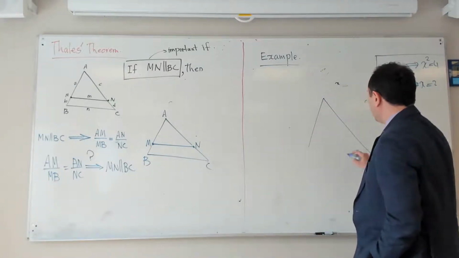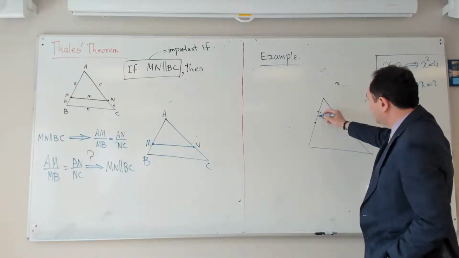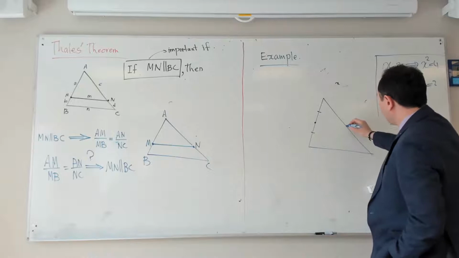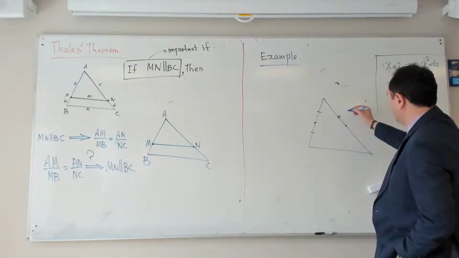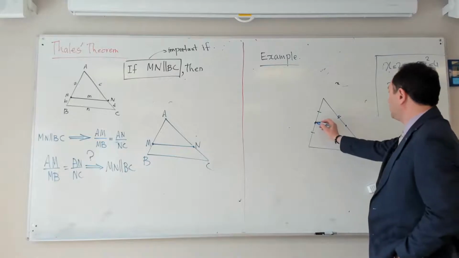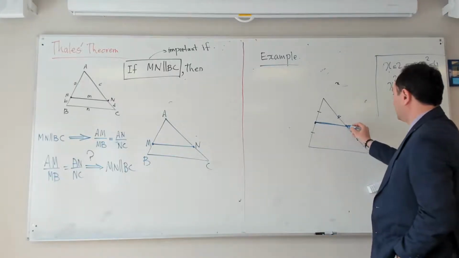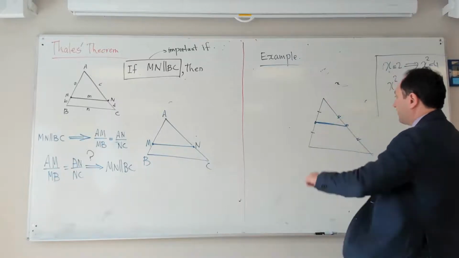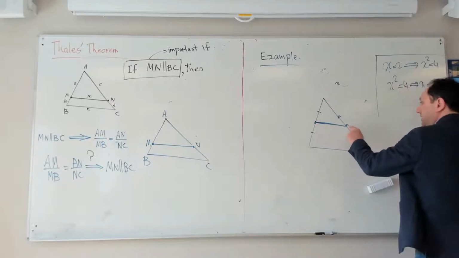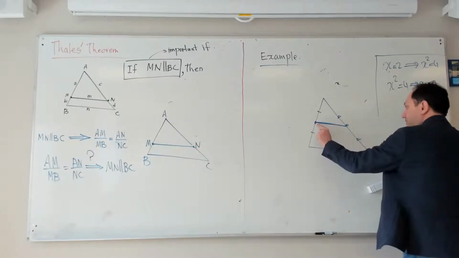If I take the exact middle point of this, and find the exact middle point of this, and then you simply connect the two middle points. I find the exact midpoint and the exact midpoint, and I just put my ruler here and connect them.